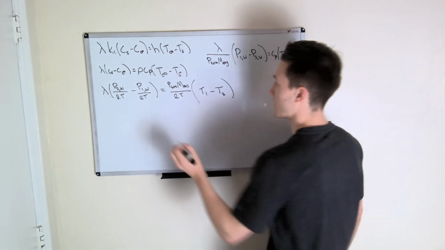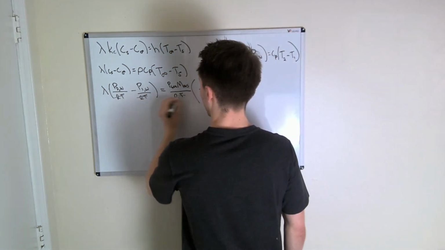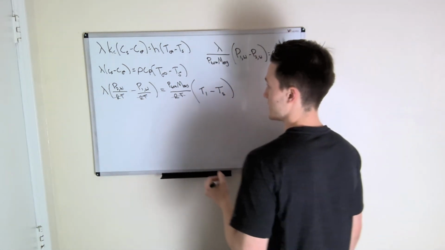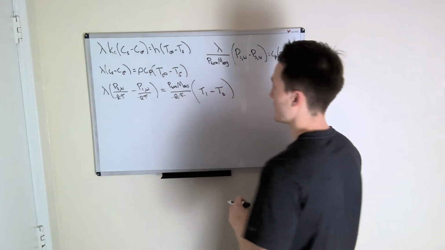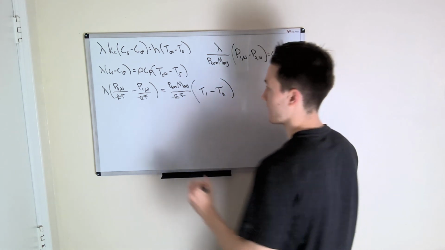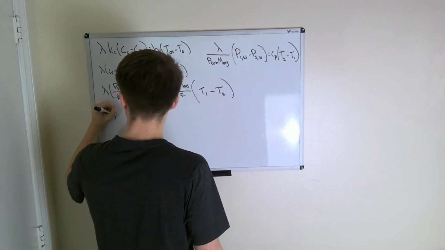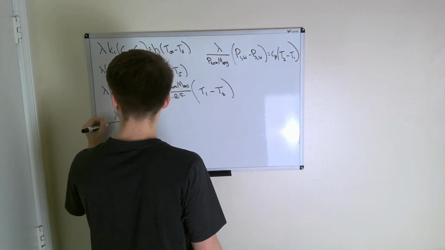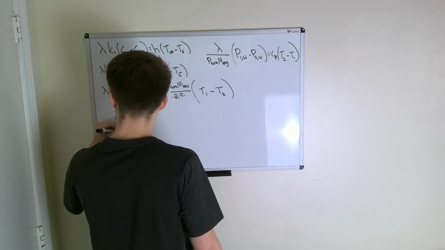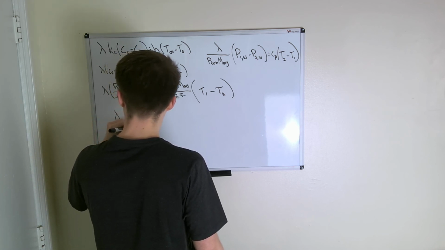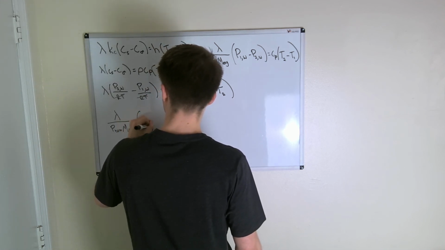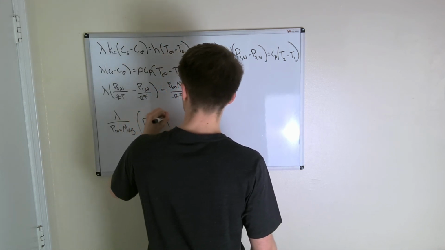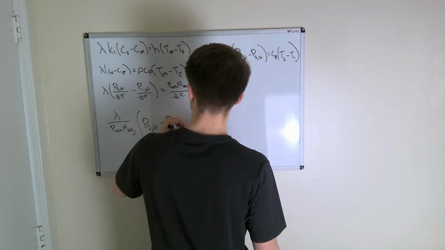And so we cancel out all of our RTs and move our total partial pressure and molecular weight average, and keep everything else the same.